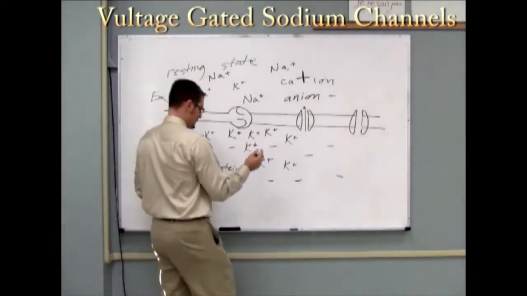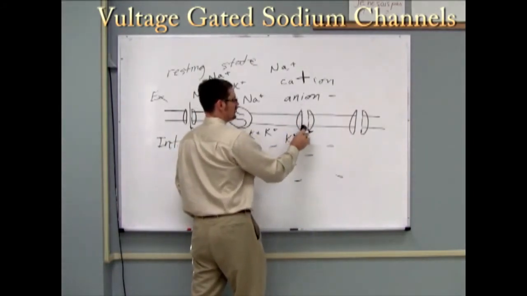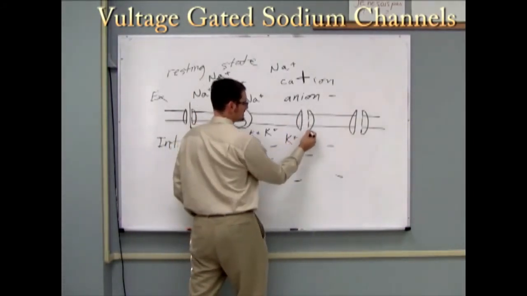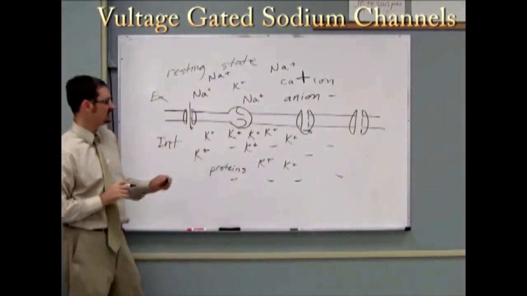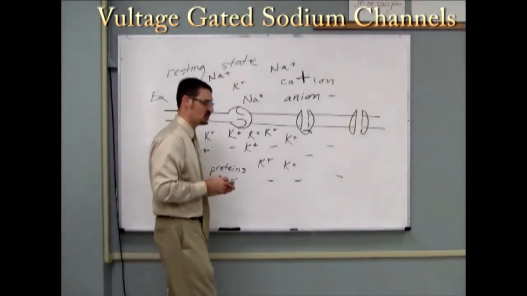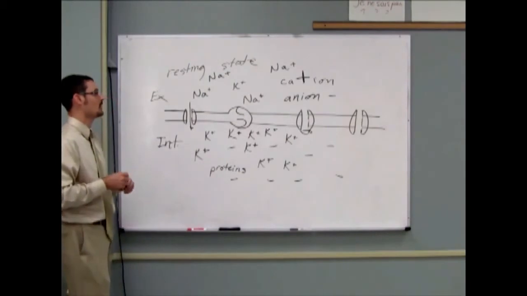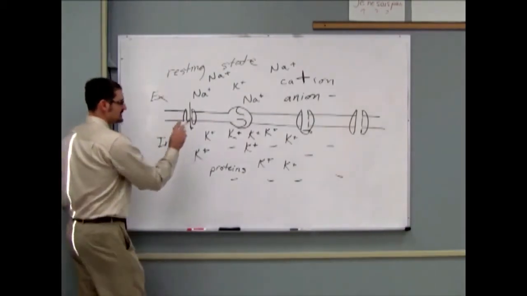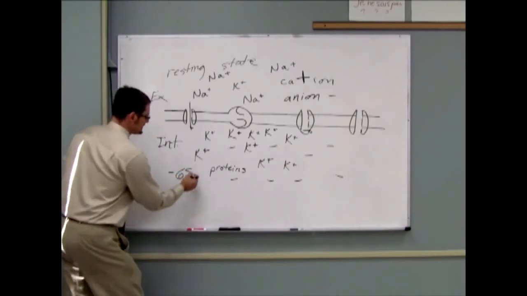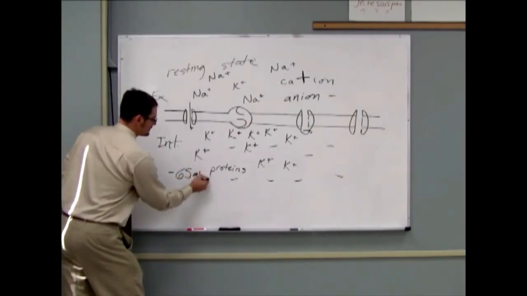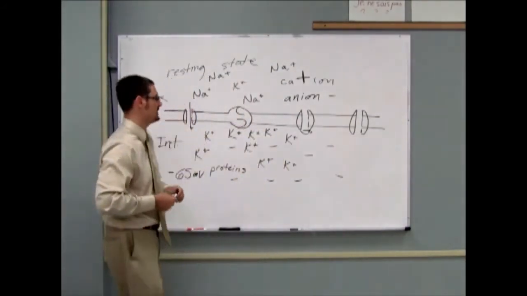Voltage-gated sodium channels are permeable to sodium, but only when there's a change in the charge of the interior of the neuron. At resting potential, the inside of the neuron is negative 65 millivolts compared to the exterior.